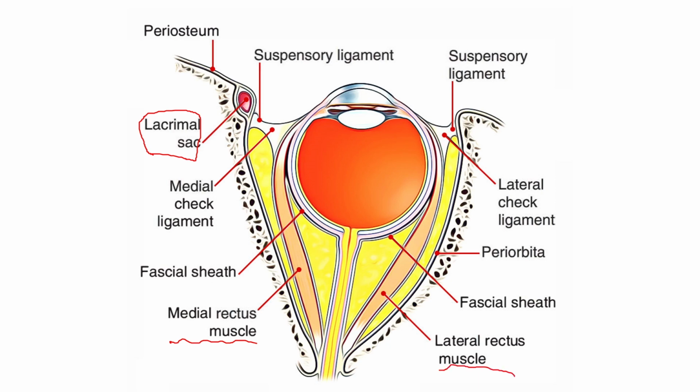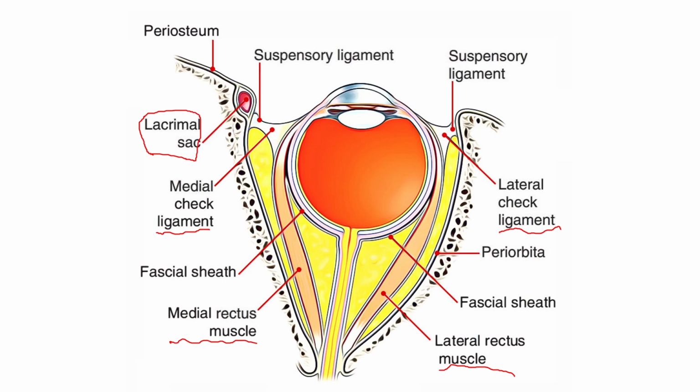This is because their tubular sheath expands into the medial check ligament and the lateral check ligament respectively. So they kind of form them. And those ligaments are important because they aid in holding the eyeball in its place.